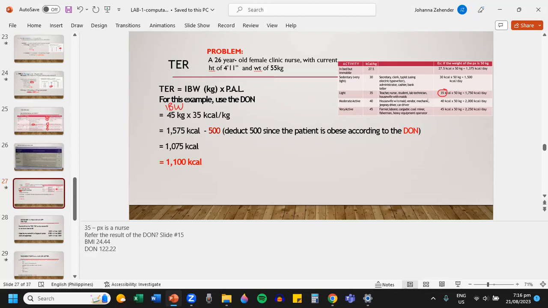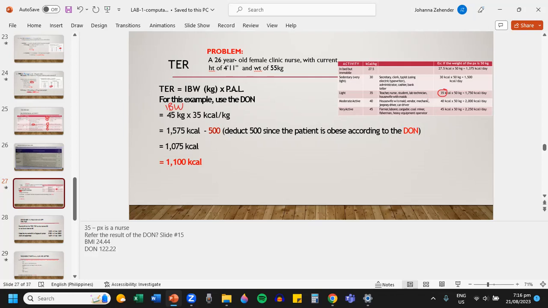Now according to the table, we're going to arrive with an answer of 1,575 kilocalories. Next, we're going to deduct 500. Why are we going to deduct 500? This is because the patient falls under the category of obese according to the degree of nutrition. We can go back to the table from a few slides back, slide number 15.